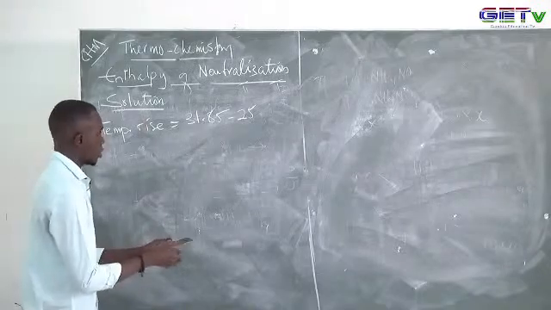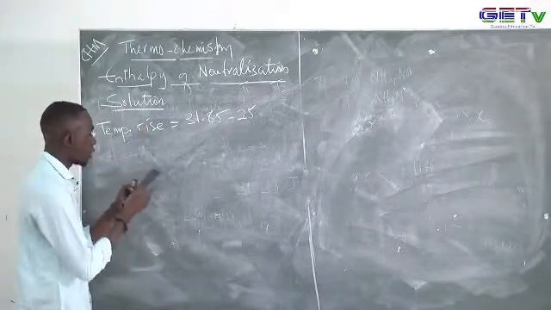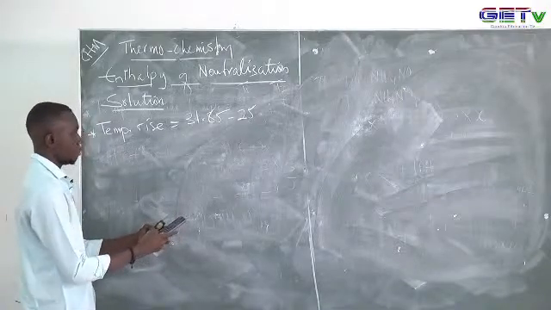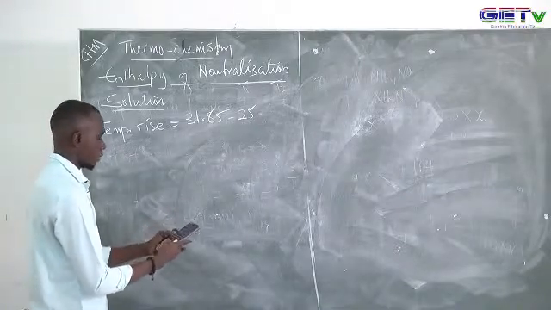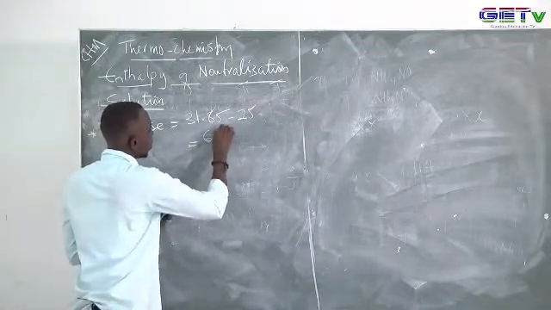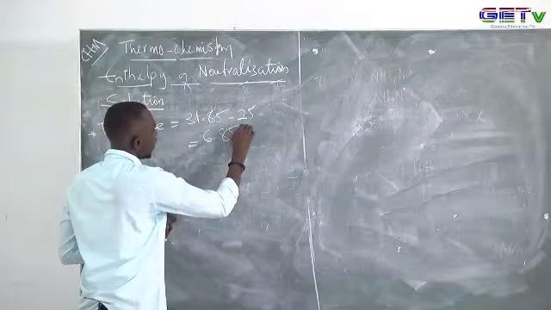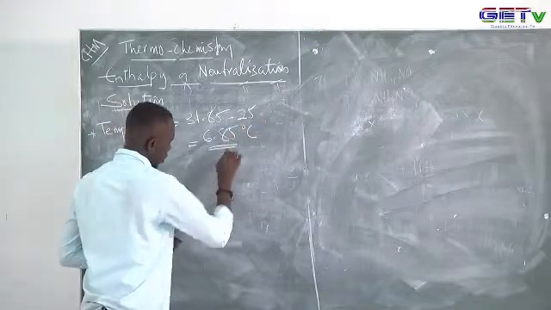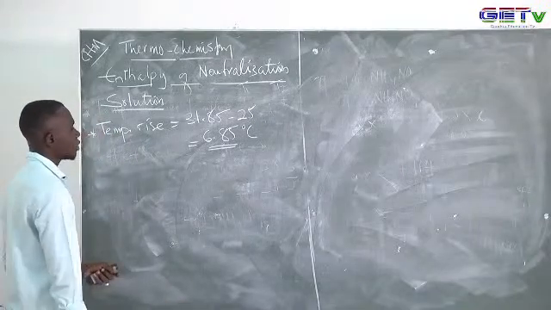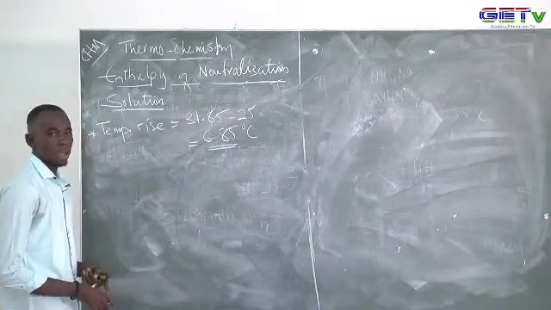And then with this, we can use our calculator again and have 31.85 minus 25. And then we will have 6.85 degrees Celsius. So this is the what? Temperature rise or change in temperature.